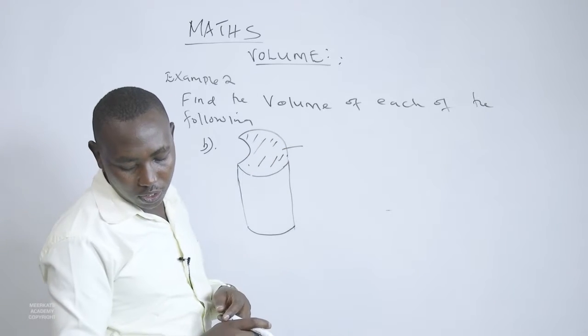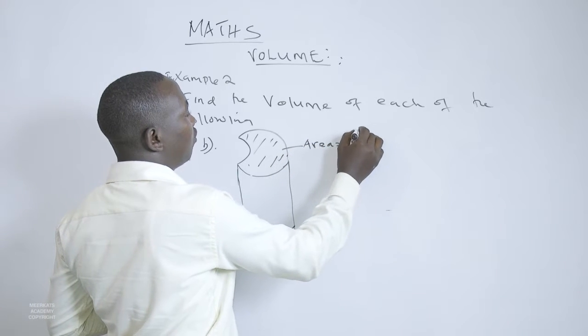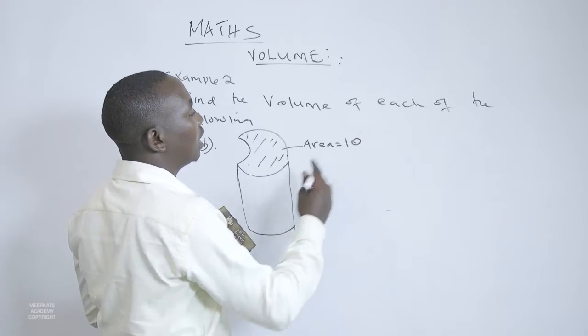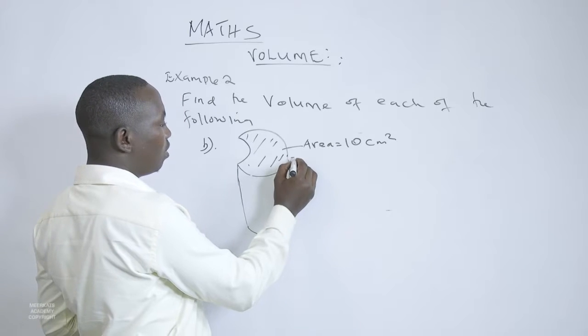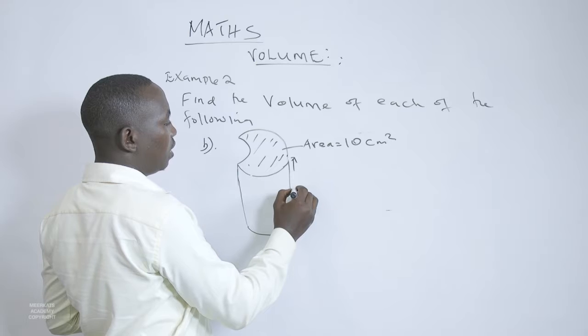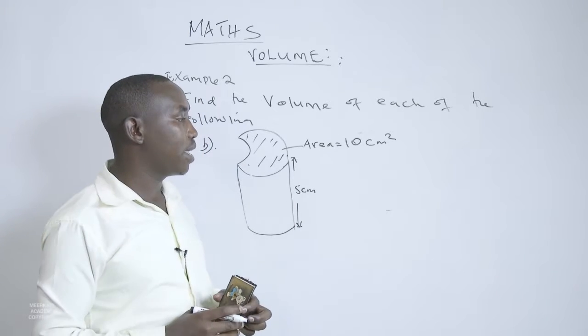This cross-sectional area, we have been told, is equivalent to 10 square centimeters, and the height of this object is 5 centimeters.